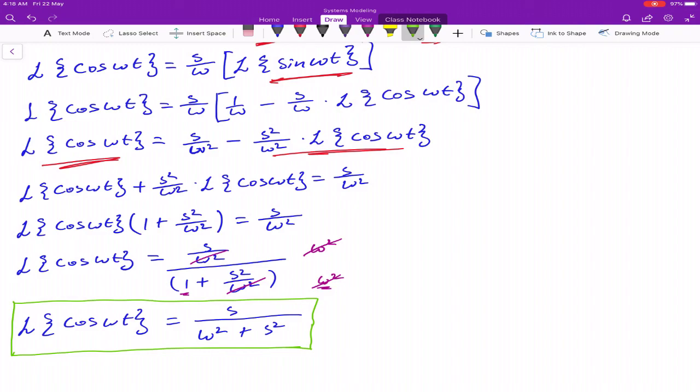And next we are going to solve the same equation, but we are going to use a different method. You are at liberty to use whatever method you want to use, and I'll see you in the next video.